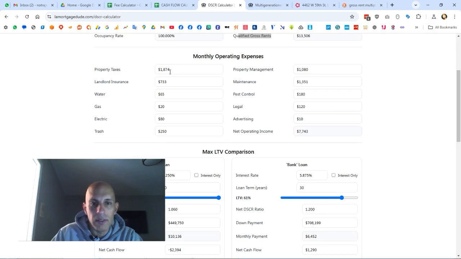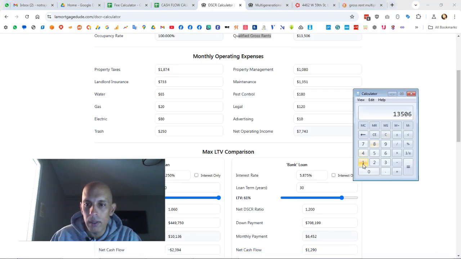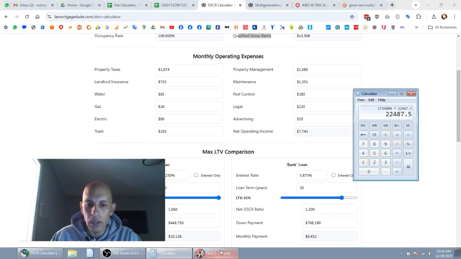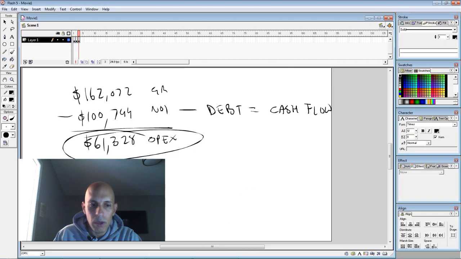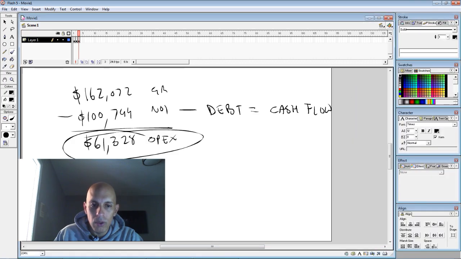Property taxes I'm placing at 1.25%, which is 1,799,123 times 1.25%, 22,487.5. So property taxes are 22,487.5.